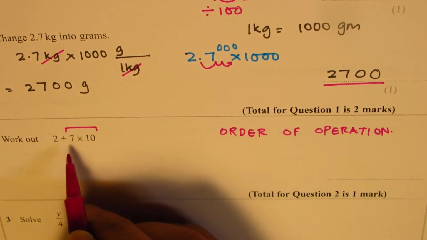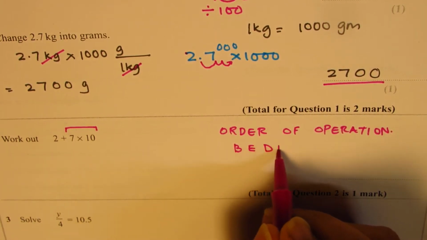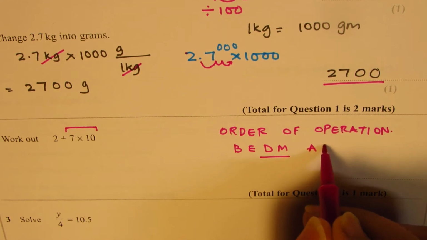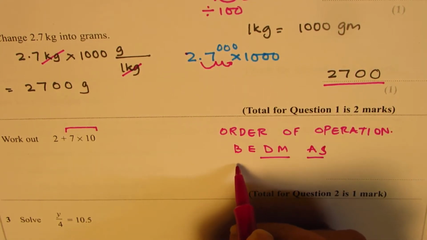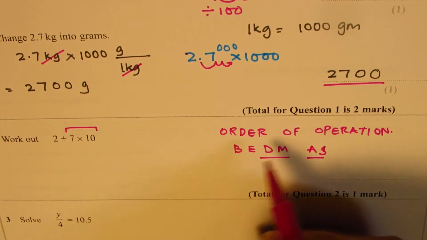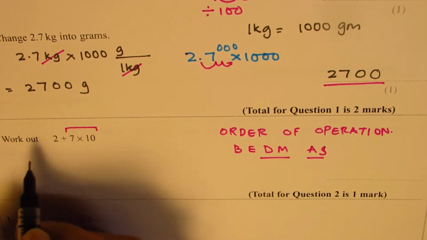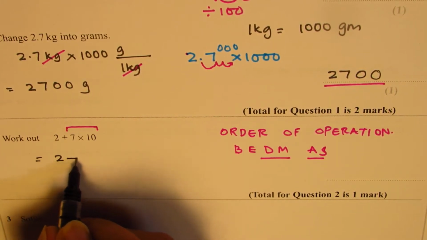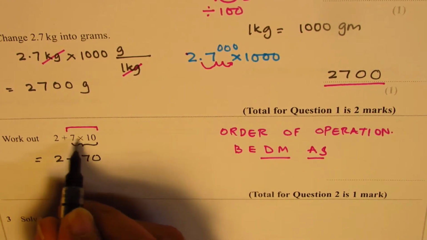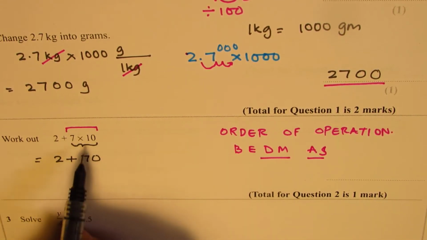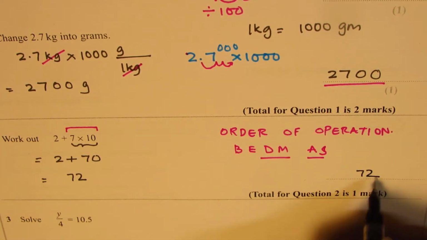So first we have to do brackets and then exponents, and then division or multiplication, and then addition or subtraction, right? So BEDMAS, or sometimes we start with P as using power. So first operation will be multiplication. So we do 7 times 10 first, which is 70, since that is to be multiplied first. That is the order of operation. So we get 72 as our answer.